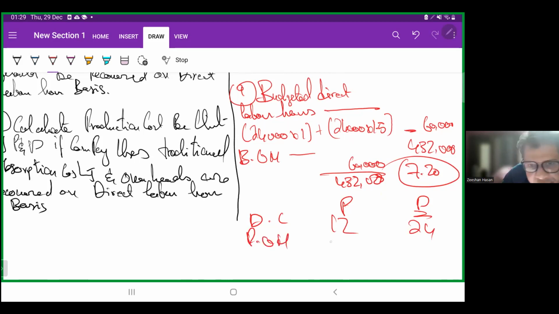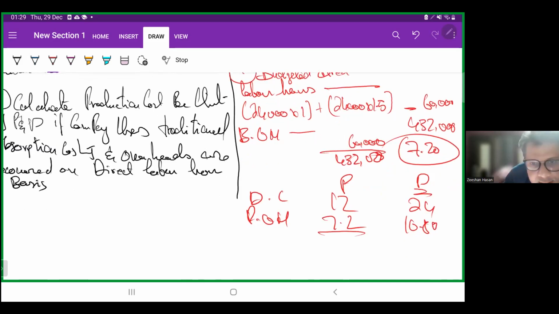P uses 1 hour of labor, D uses 1.5 hours of labor. So 1.5 into 7.2, we will get 10.80. Just total it: 19.2 and 34.8. So far, so good. Now we are done with the first part of the question.